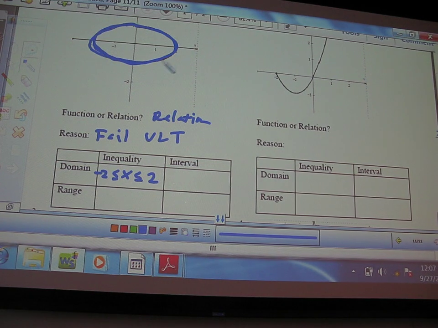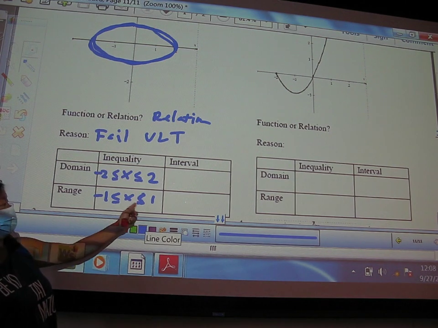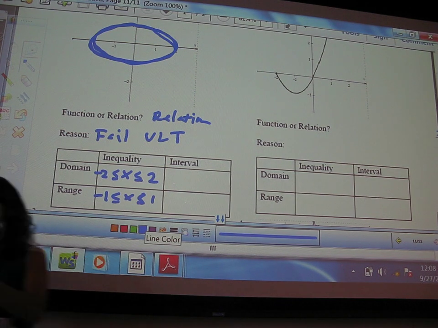Ryan, what's the lowest I go? -1. What's the highest, David? 1. Is everyone kind of following? And I can equal it, so it's a less than or equal to sign.